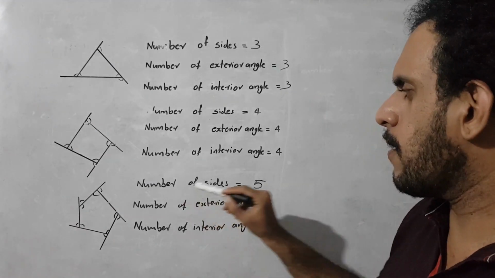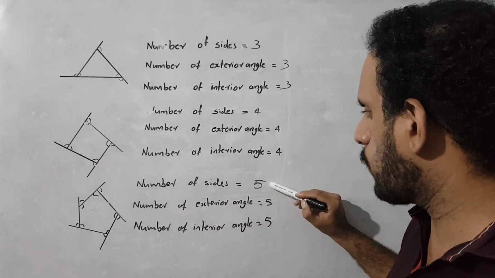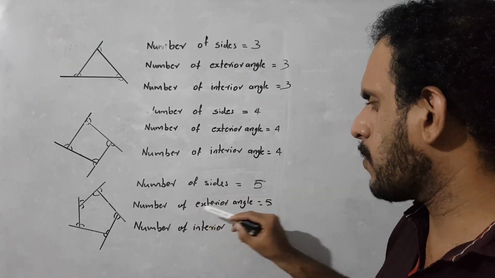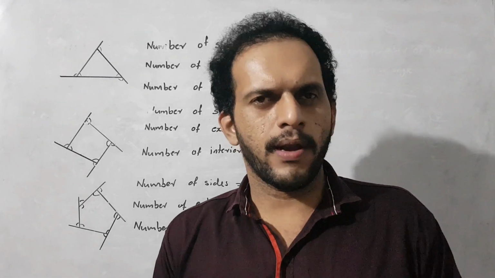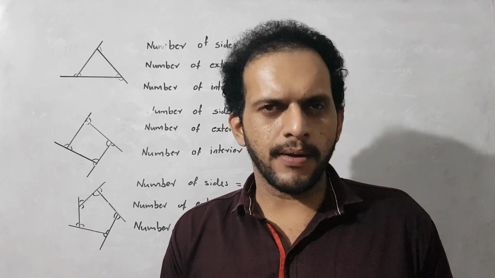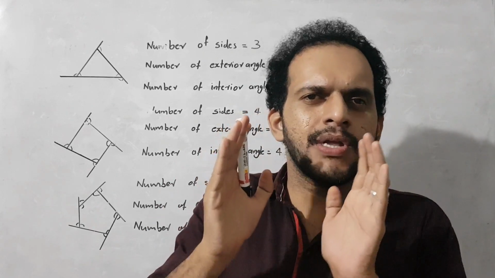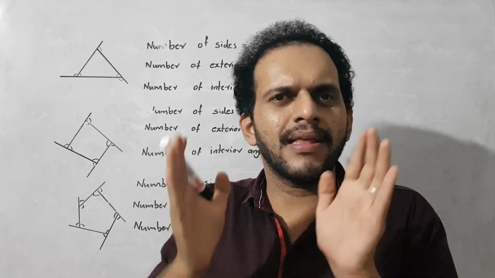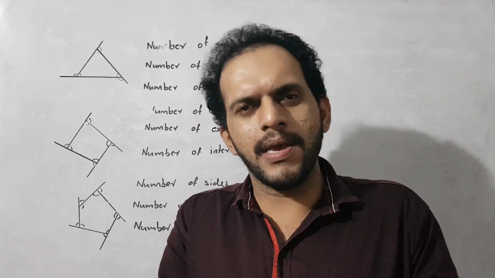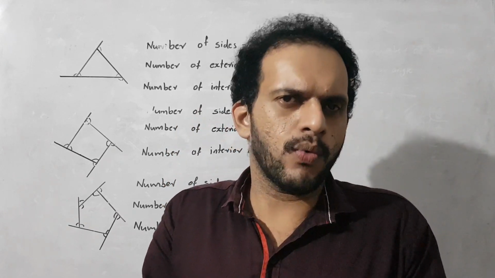If a polygon has 5 sides, the numbers of exterior and interior angles are 5. So we generalize the idea: the number of exterior angles, interior angles and sides of a polygon are always equal.